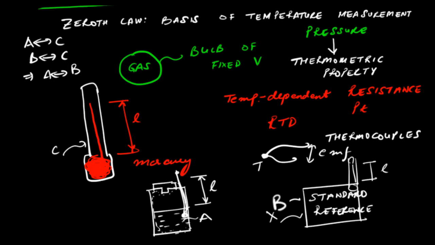So what are these standard references that one can use? Typically the standard systems are those whose states can be easily reproducible, and their reproducible states are called the fixed points. Two fixed points must be familiar to you.